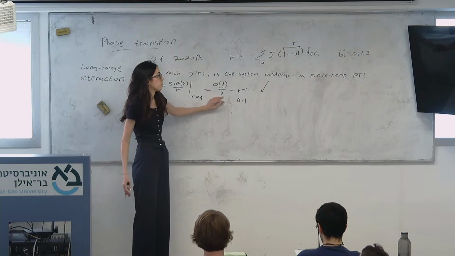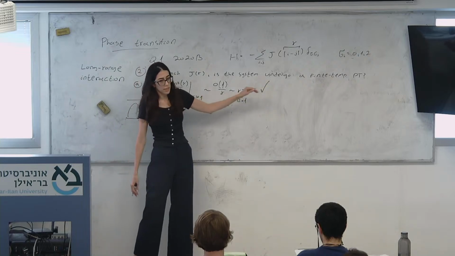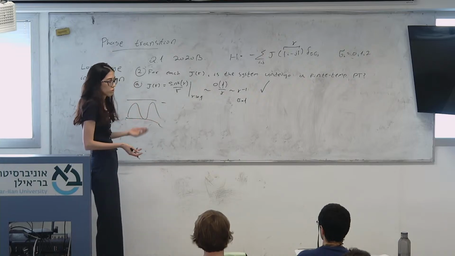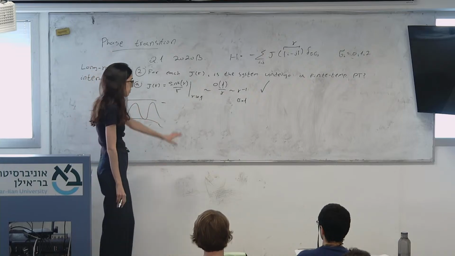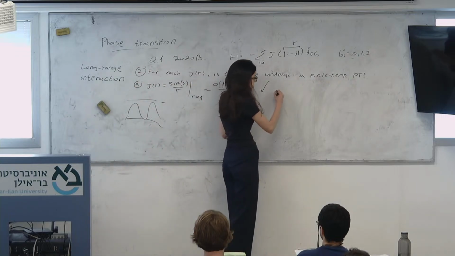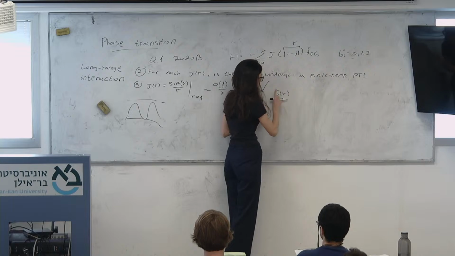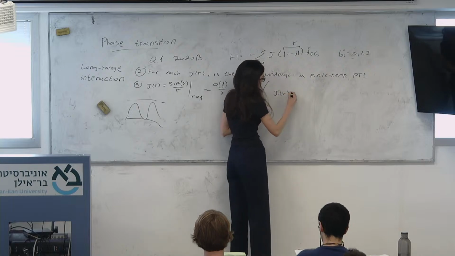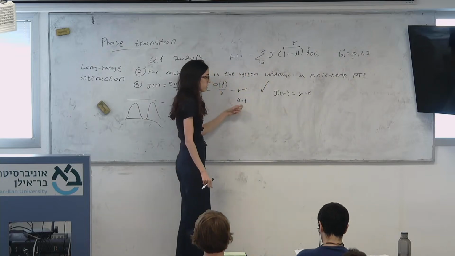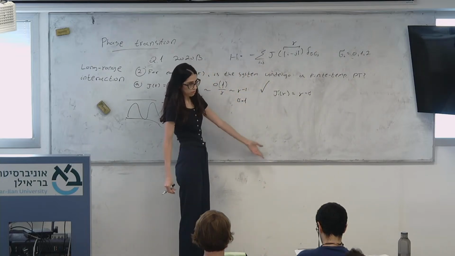So we say, okay, this goes approximately like 1 over R. I don't care if it's multiplied by 2 or 0.5. So this basically goes like R to the minus 1. What we solved was J of R equal R to the minus sigma. So this is the same if sigma equal 1.